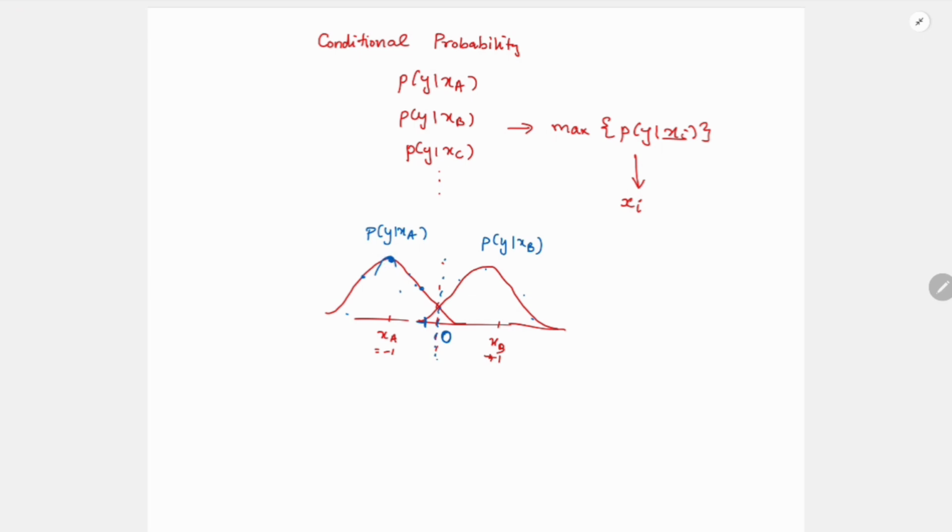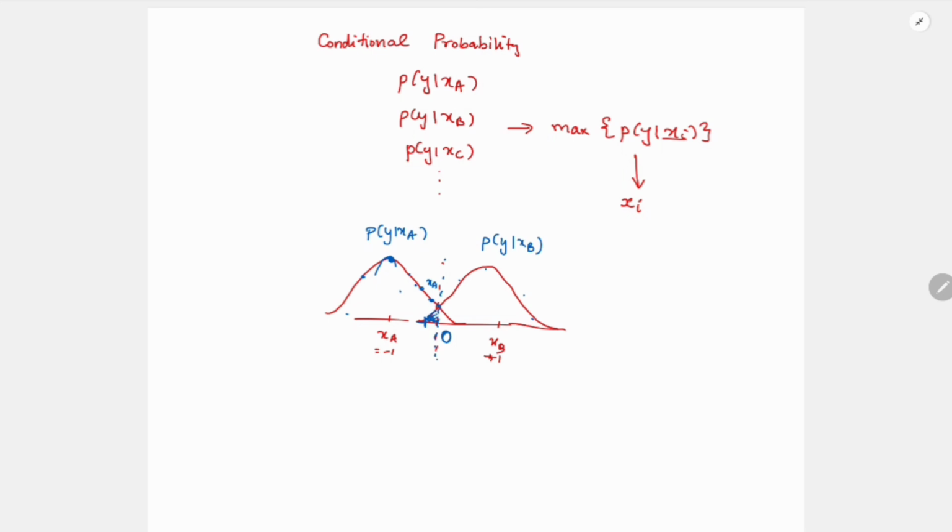Now, by doing this, what is the probability of error I am making? Let's say I am close to this. If Y falls here and I classify it as XA, there is also a tiny probability that it can be XB. Up to this point I'll be classifying it as XA, and here I'll be classifying it as XB. But even here, when classifying it as XA, there is this probability of XB being wrongly classified as XA.